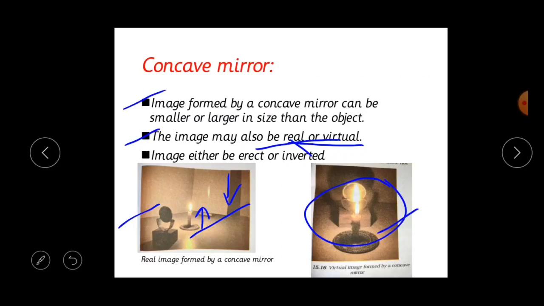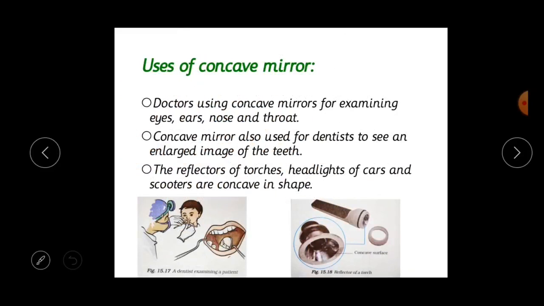Okay, so now let us see what are the uses of the concave mirror, where it is used. Doctors use concave mirrors for examining eyes, ears, nose and throat. Next, concave mirrors are also used by dentists to see an enlarged image of the teeth. Here you can see.